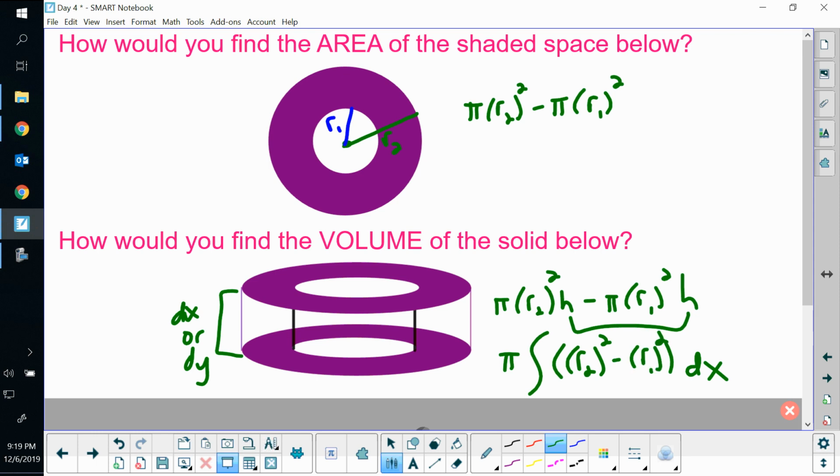So essentially a washer's setup is the pi times the integral of the outer radius squared minus the inner radius squared, and then d whatever we have. Dx if we're doing vertical slices because we're slicing the x-axis, dy if we're doing horizontal slices because we're slicing the y-axis.